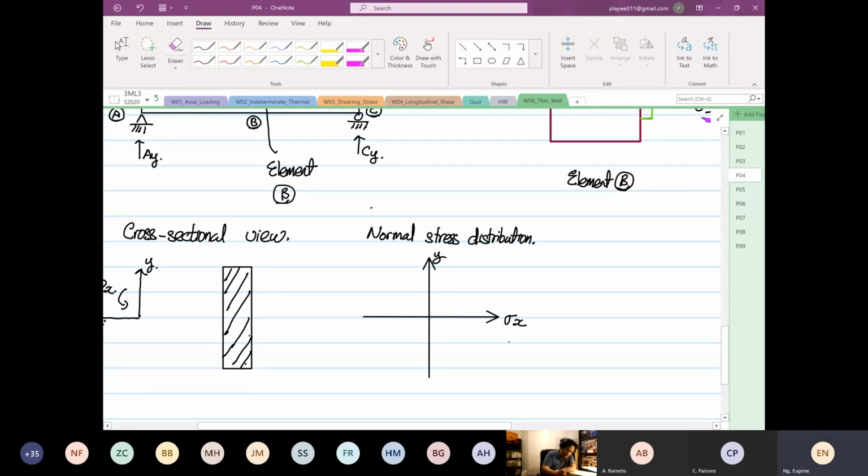So on the right hand side, your stress is positive, which is tensile. On your right hand side is tensile. On the left hand side is compression.